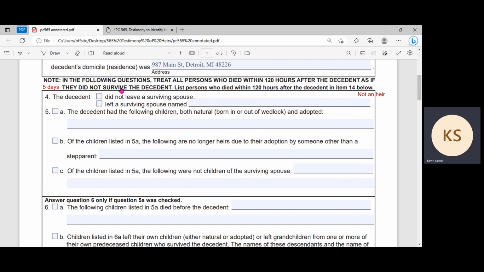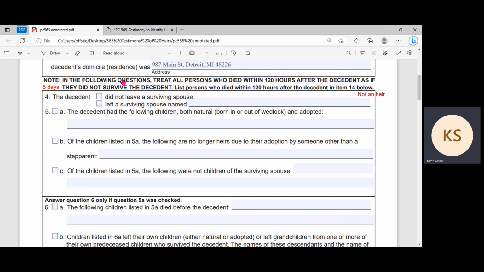Moving on to 4. Just above that, you'll see that a note says anyone who died within 120 hours, which is 5 days, of the decedent is not considered an heir. So there's a statute in EPIC which says that you treat anyone who died within 5 days, 120 hours of the decedent, as if they died before the decedent, and therefore they would not be heirs.